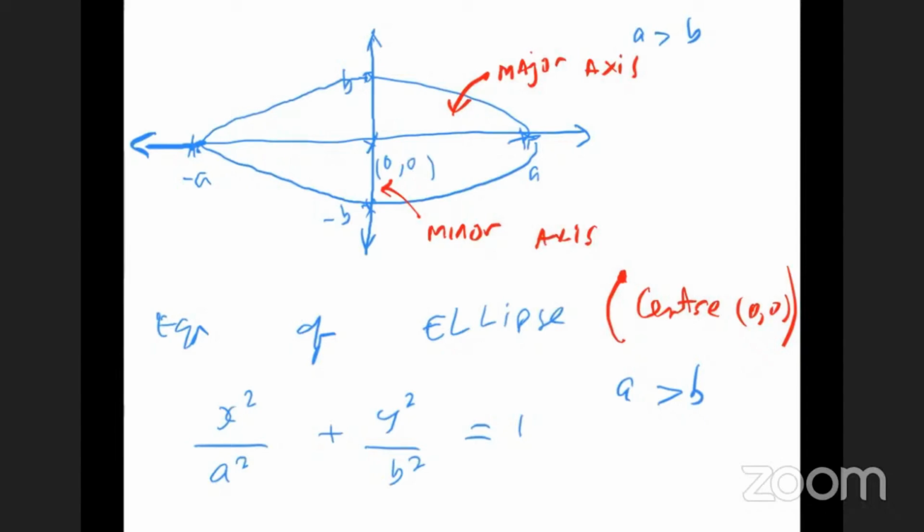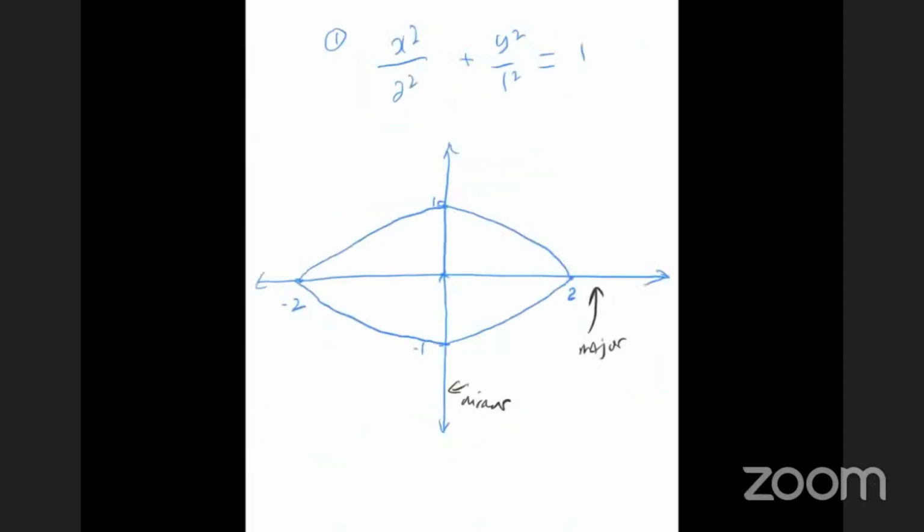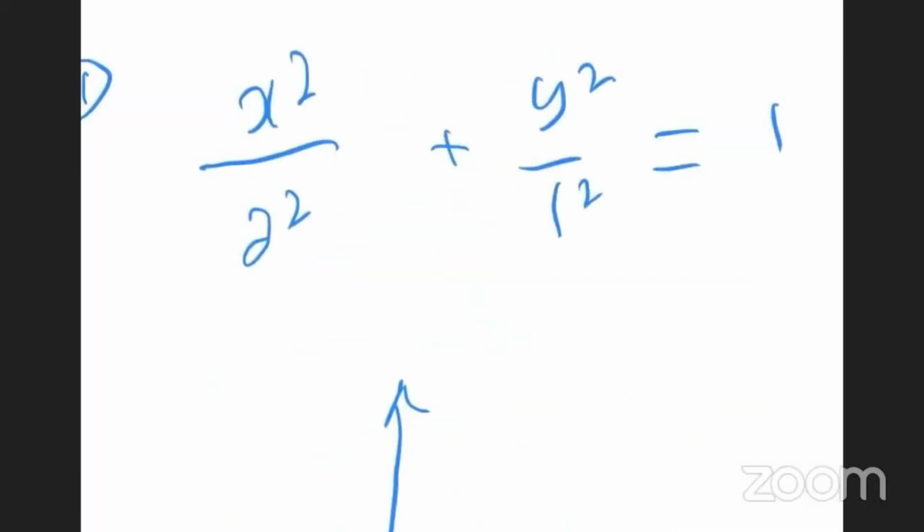Let's try a quick example. Suppose I gave you something like this. You'd recognize that, of course, you don't always get 2 squared, you might get 4. But if you look here, you'd recognize that A is 2 and B is 1. So how are you going to sketch that? Go to your axis.